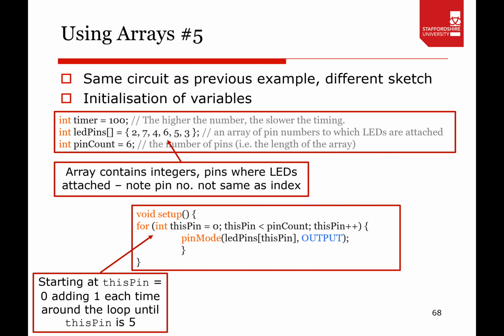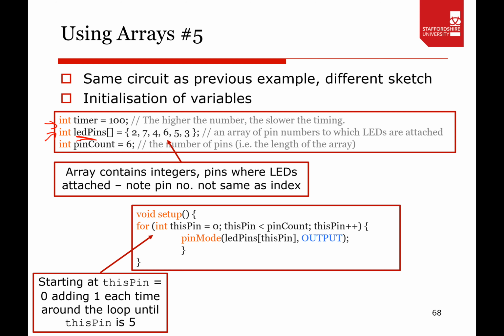So it's the same circuit as the previous example, and it's a different sketch. We initialize the timer, this time again as 100. Int LED pins. So we define an array called LED pins as integers, because in our integer array we're going to store the pin numbers. So pin numbers 2 to 7 are being stored in LED pins.